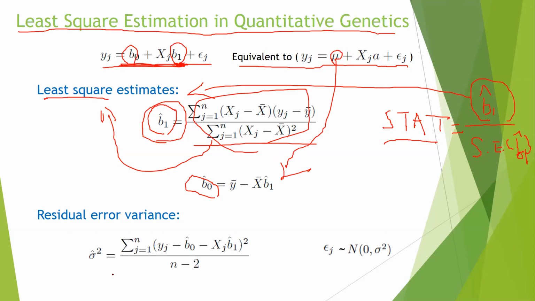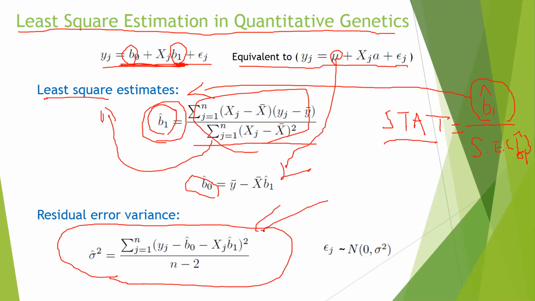And this is how we calculate the residual error variance, because we need it for the further calculation of the standard error of the estimation of the B1, right? Okay.